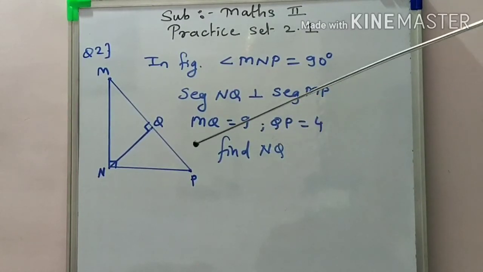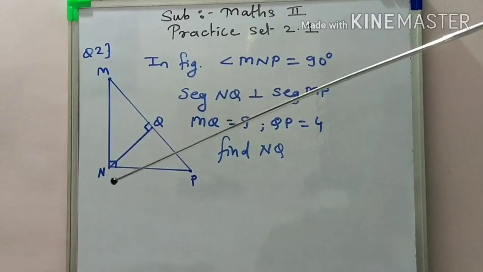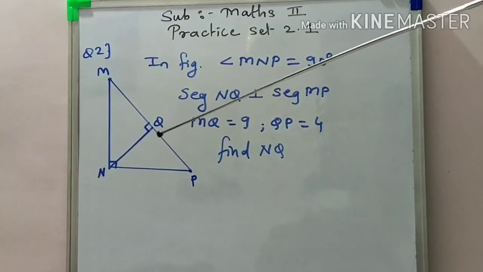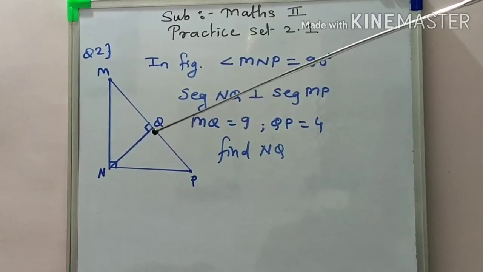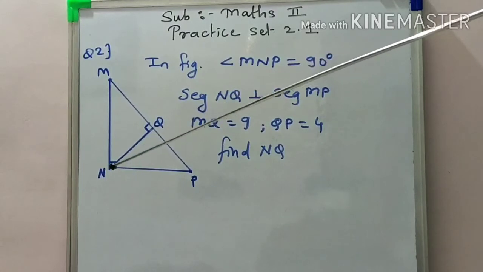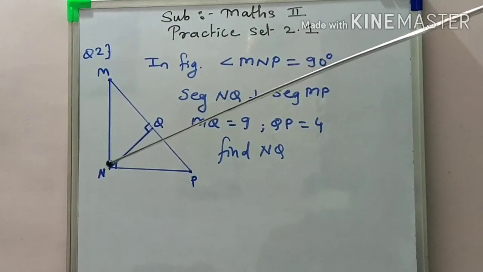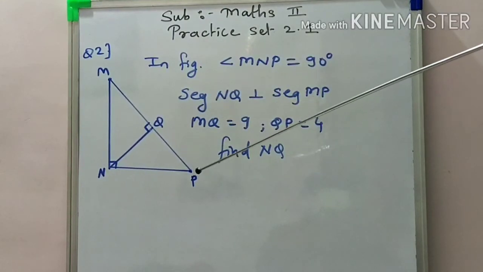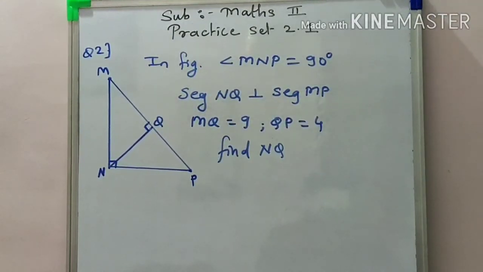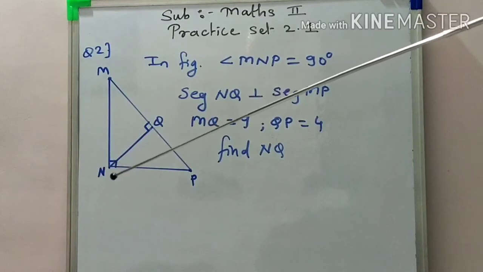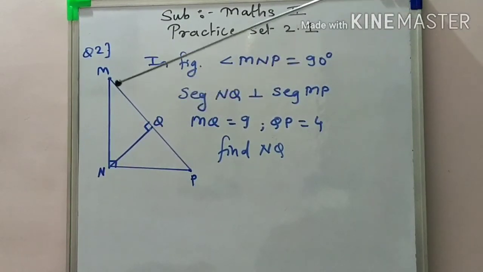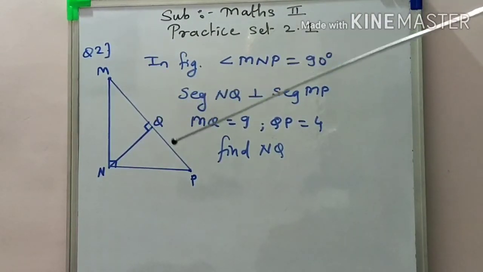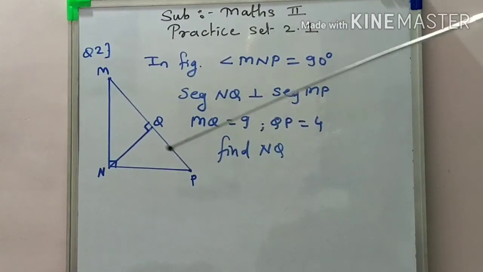What you observe here, students, is that we have to find segment NQ, which is the altitude, and according to the property of geometric mean, NQ is the geometric mean of MQ and QP, where we have the formula NQ square is equal to MQ into QP. So using that we find NQ.